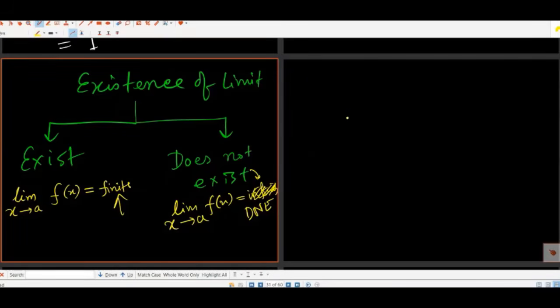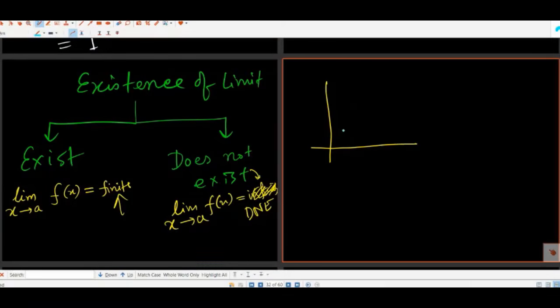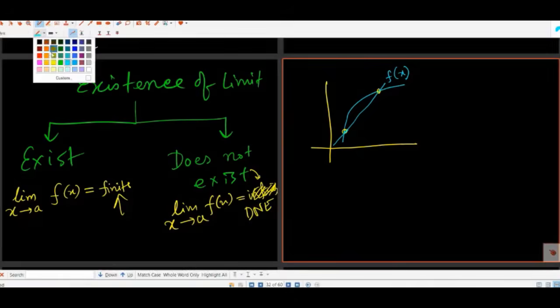So let me give you one example. Let's say we have a curve like this, a function f of x, and we have 2 points, here and here. From the concept of geometry, we know that joining these 2 points, we will have a line.